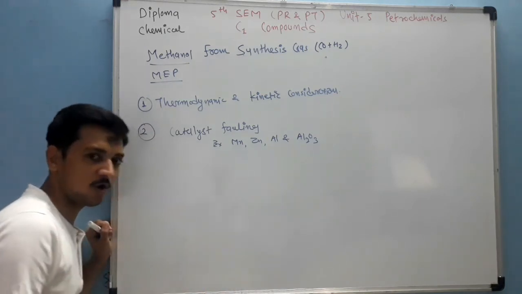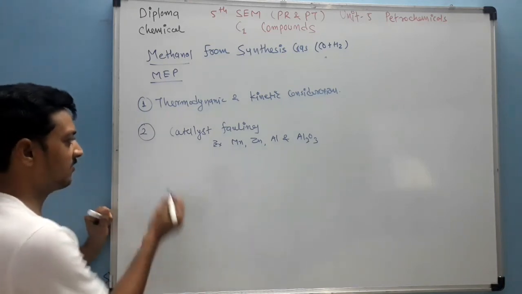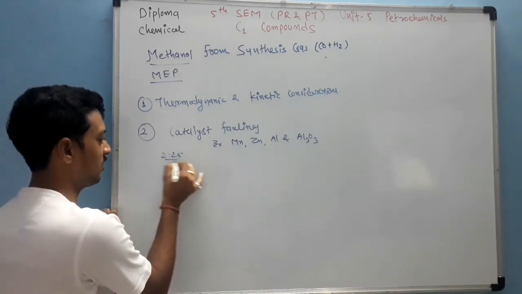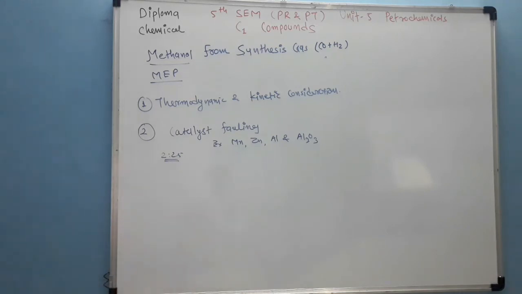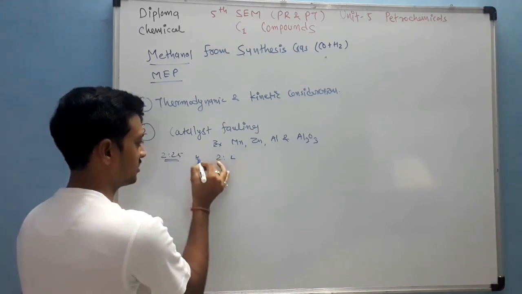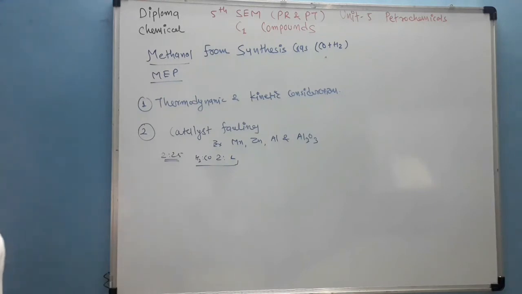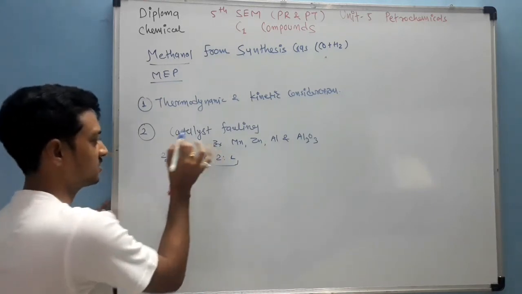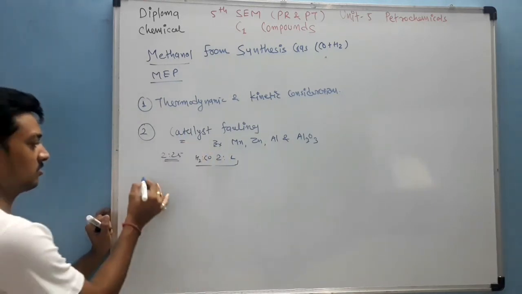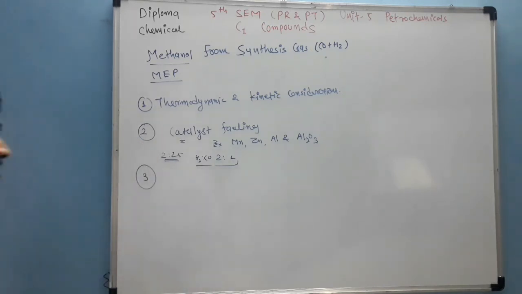The ratio of H2 to CO we have is 2.25, but if a ratio of 2.1 H2 to CO is used, then catalyst fouling occurs. Third problem is reactor design.